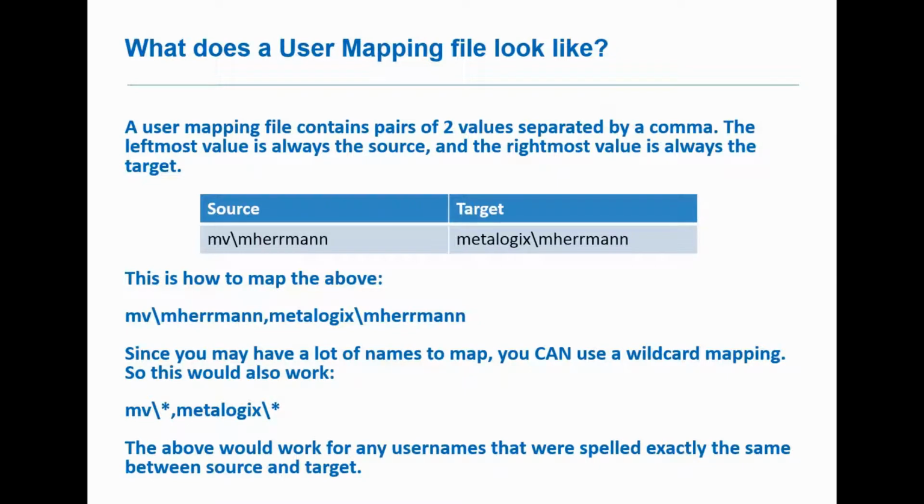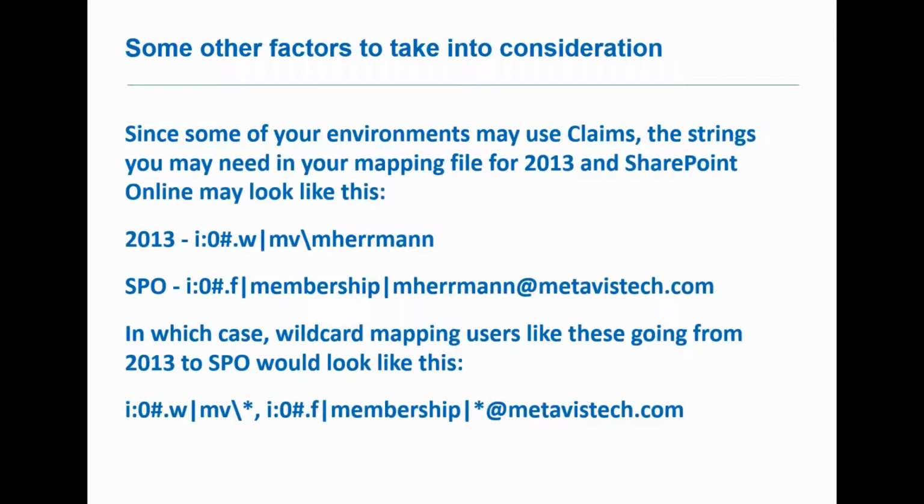So let's go to the next one here. Now, there's some other factors to take into consideration here. Some environments are going to use claims, so you have some forms of authentication strings here, and those are going to affect your user mapping.